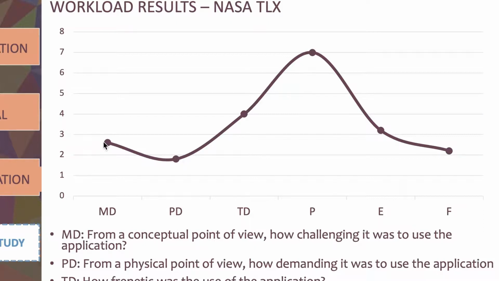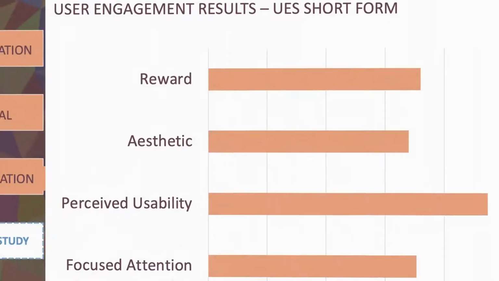As you can see, mental demand, physical demand, temporal demand, and frustration were scored very low by pupils. Instead, the highest score was how satisfied they felt with their performance in using the application.